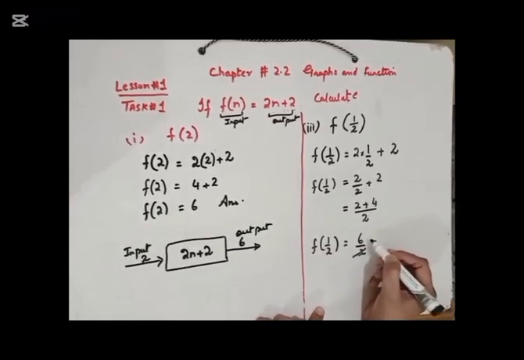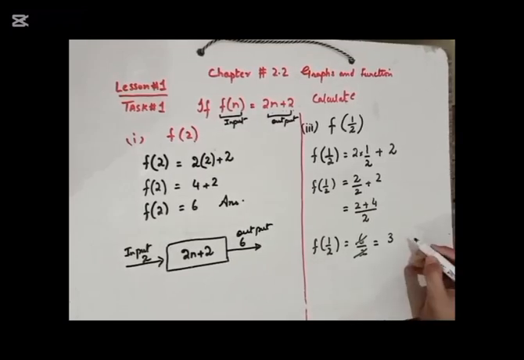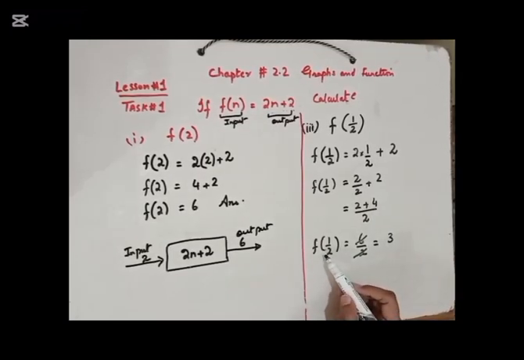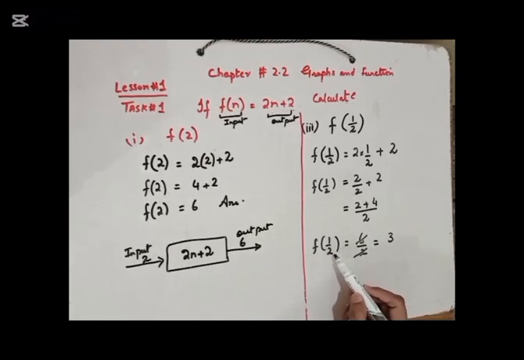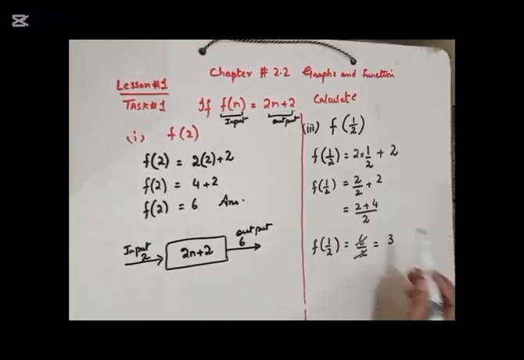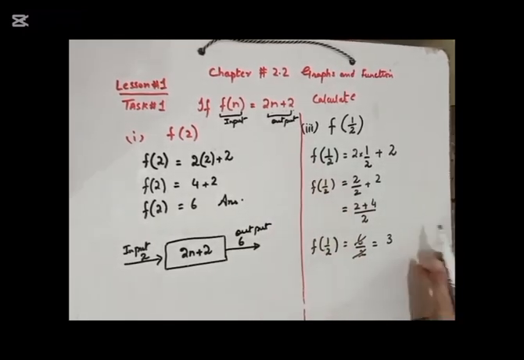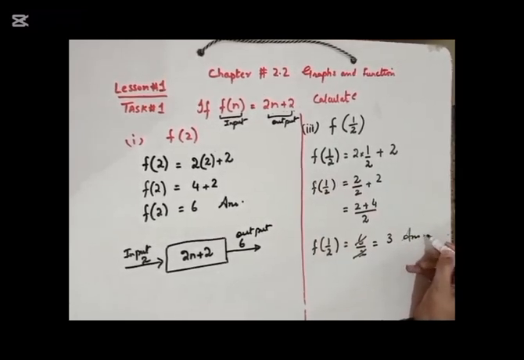When we simplify it, we get the answer, that is 3. So what does it mean? If you have a function of 1 upon 2, or you can say that if your input value is 1 upon 2, then your output value for this function, 2n plus 2, is 3.